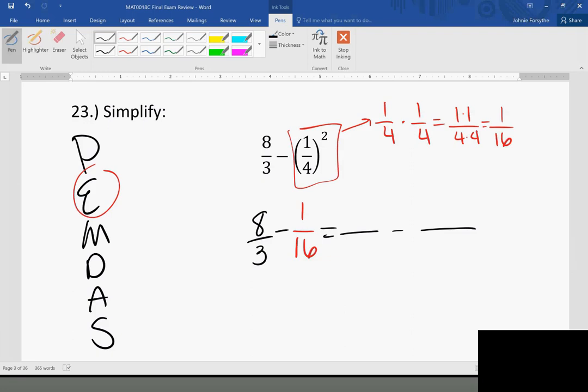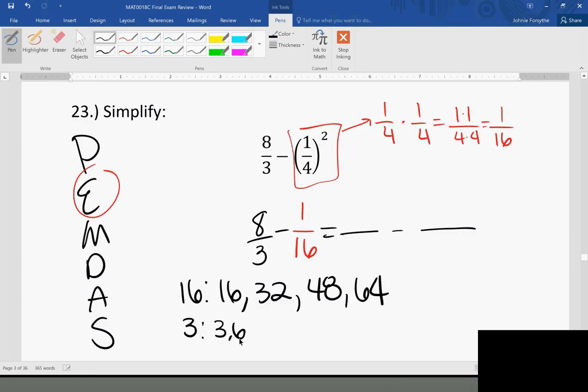Let's see here. So let me think of multiples of 16. So I have 16. 16 times 2 is 32. 16 times 3, 48. And 16 times 4 is 64. And then multiples of 3: 3, 6, 9, 12, 15, 18, 21.